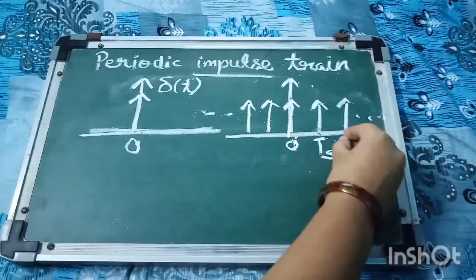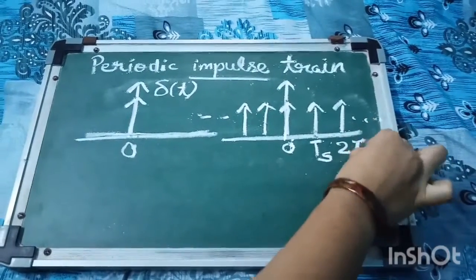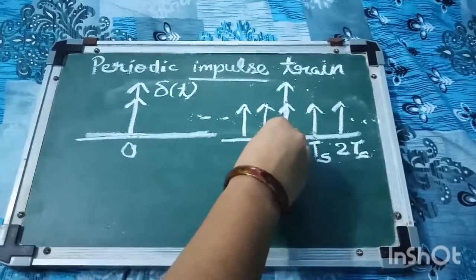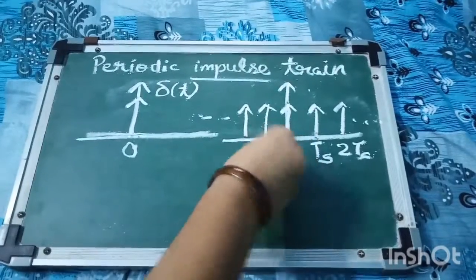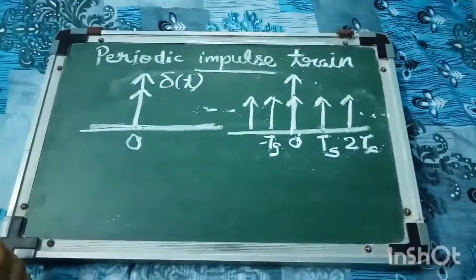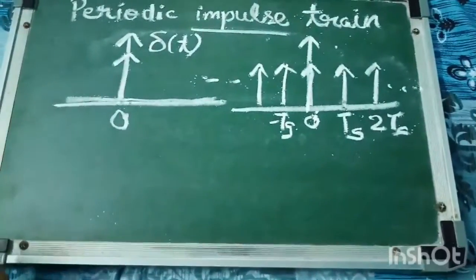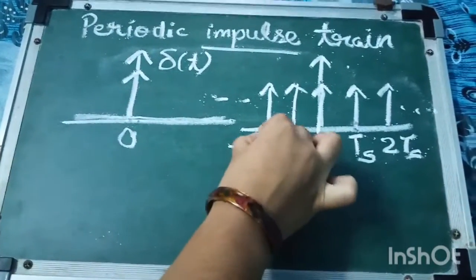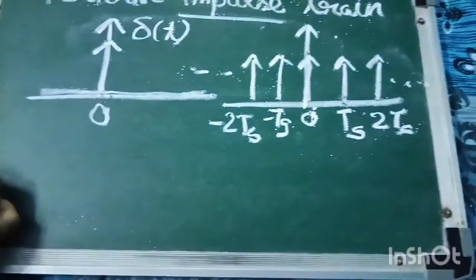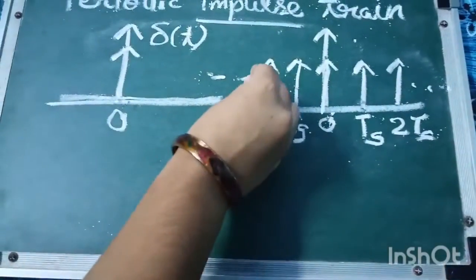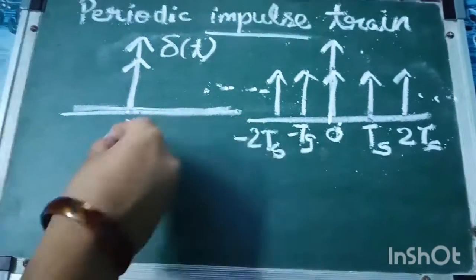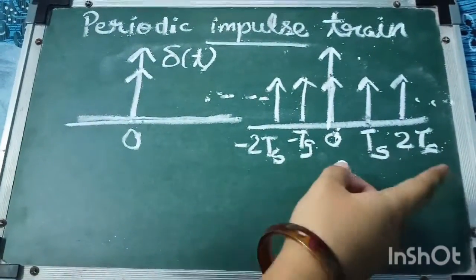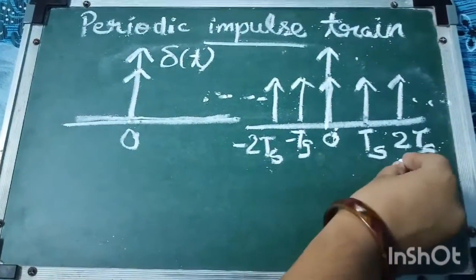So it will be 2Ts over here. Similarly, minus Ts, and here it is minus 2Ts. You can still write more, but this much is sufficient. So this is our impulse train.